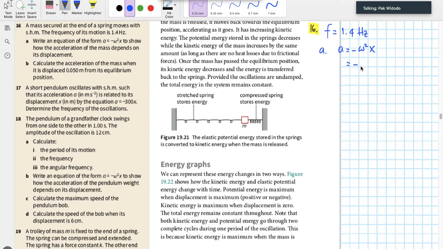Then omega is 2 pi f, squared, times x. So when we put this in, it becomes minus 4 pi square f square x, with 1.4 squared, times x. I will use the calculator first.